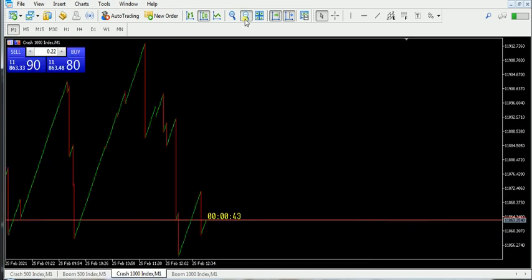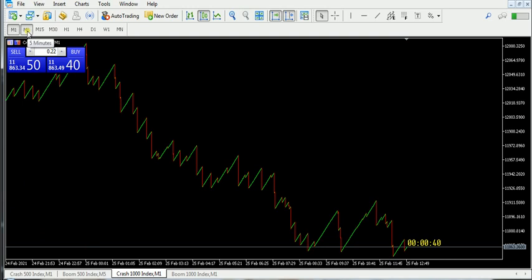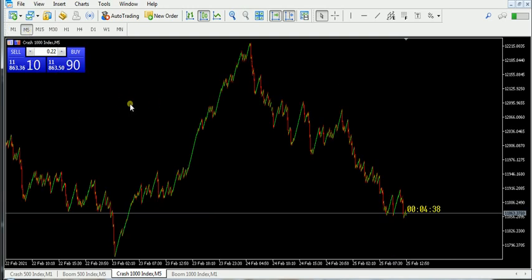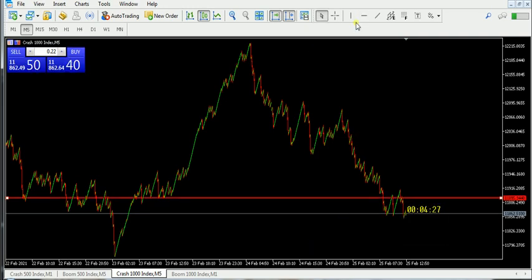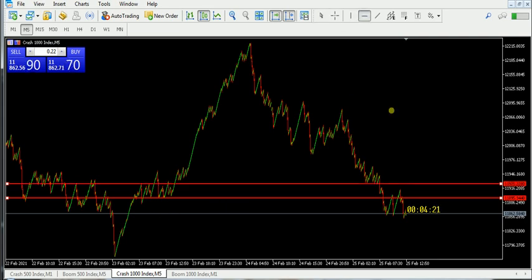Crash 1000, until you make your support and resistance. So go back to your 5 minutes time frame, then you plot your resistance levels. Good.